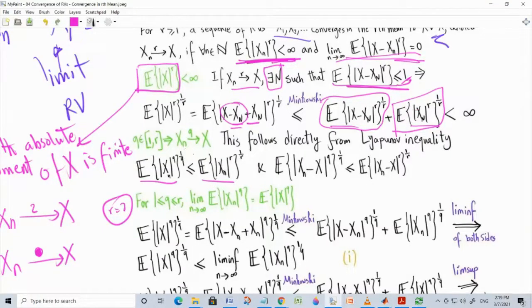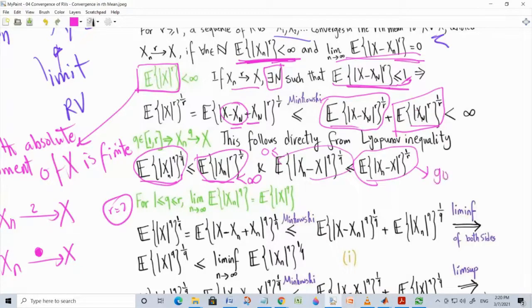So if you have convergence in the rth mean, we know that this is finite, so this must be finite. And this is an upper bound on that because Q is less than or equal to R. So, by the sandwich theorem, this expectation is greater than or equal to 0.